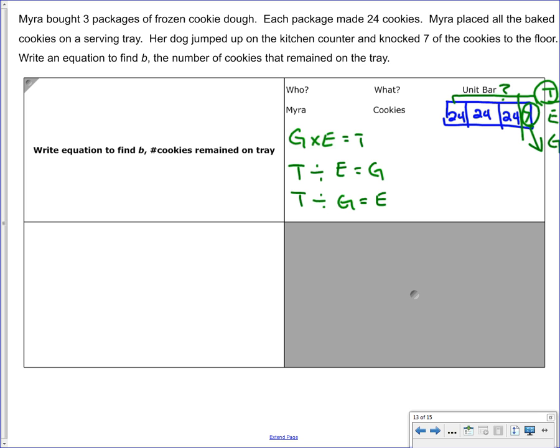The first thing we would do is multiply 24 times 3, and then we need to take away those 7 that fell on the floor. And that'll give us B, the number of cookies that are left. And of course we're going to flip it around: B equals 24 times 3 minus 7.